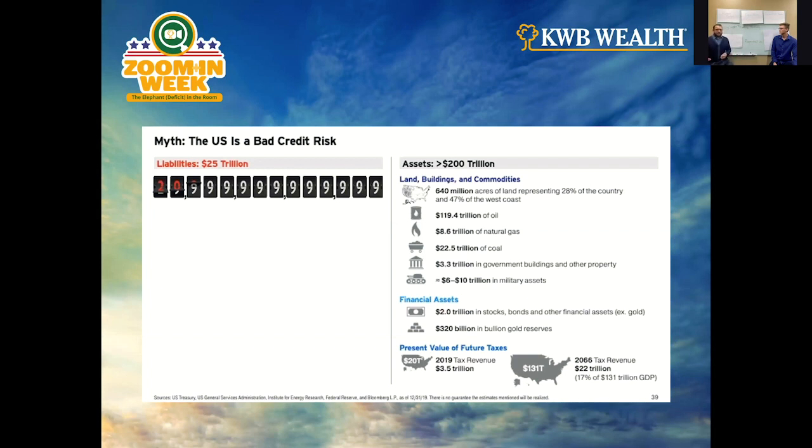The government, on the other hand, has the debt, which we hear about on the news all the time, but we don't really hear about the asset side of the equation. The federal government has lots of land, oil, gold, and financial assets that all equal out to about 200 trillion of assets.